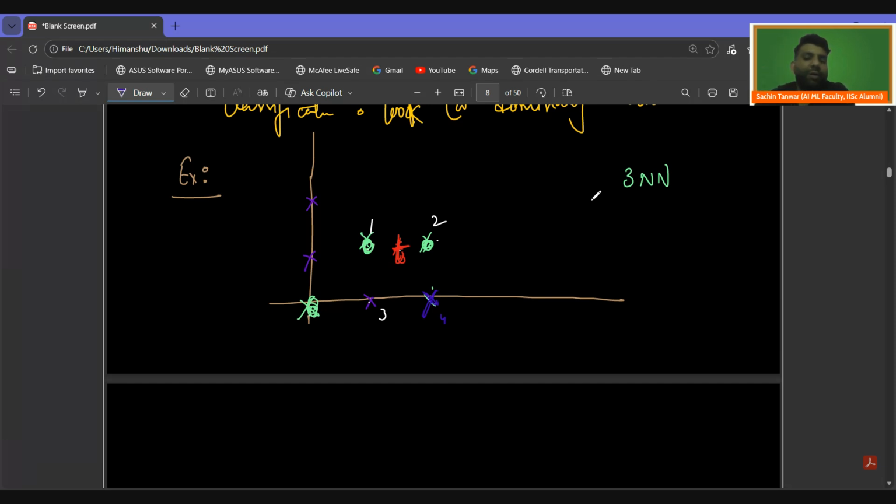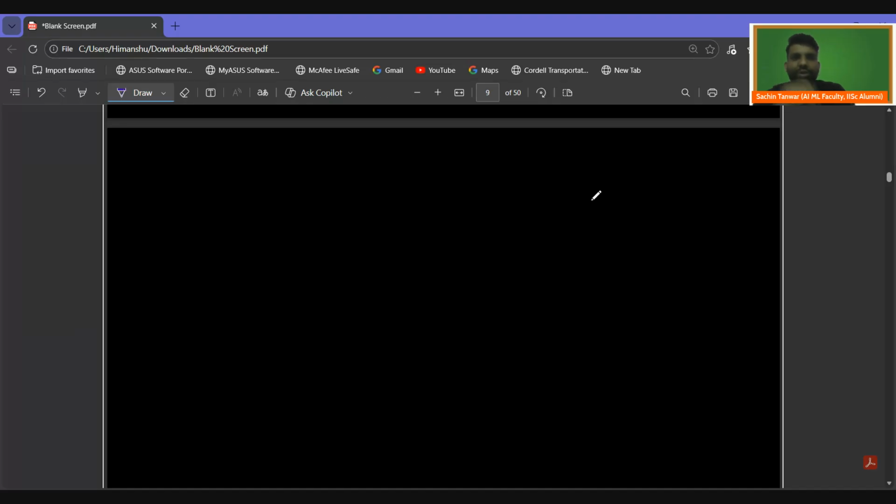How does it work? Now, 2 or 3 important things over here. First thing is what should be the value of k, like how many nearest neighbors I should look at while deciding that I'll be solving this problem. What generally happens is we always want an odd value of k.